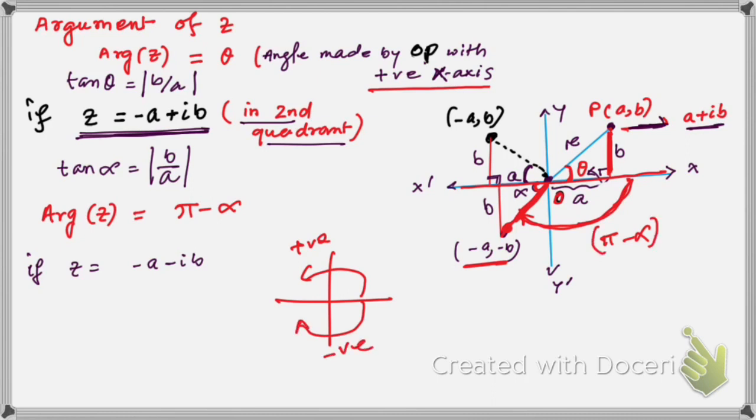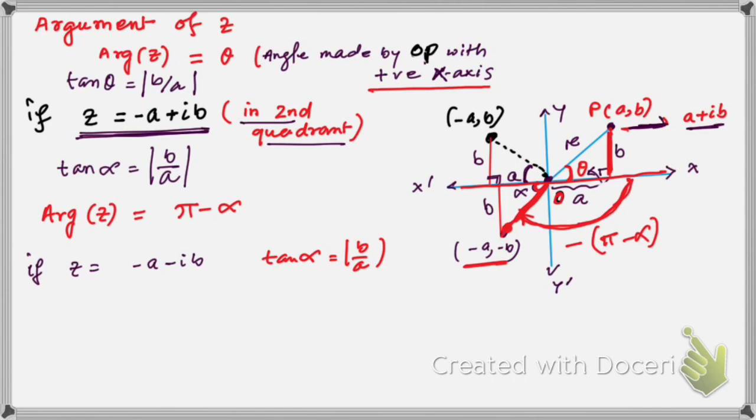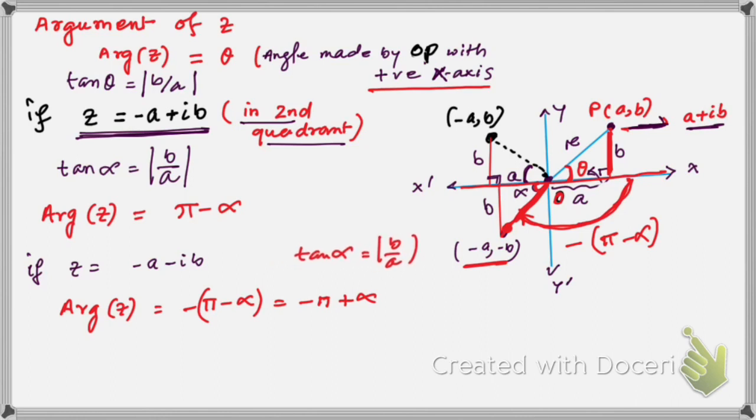So here we take a negative sign. Again tan alpha gives you B by A, and the argument of z is equal to minus, within brackets, pi minus alpha. That gives you minus pi plus alpha. Hope this is clear. This is the argument when the complex number is in the third quadrant.